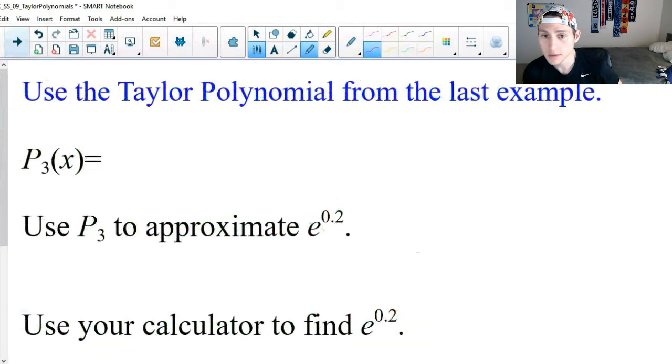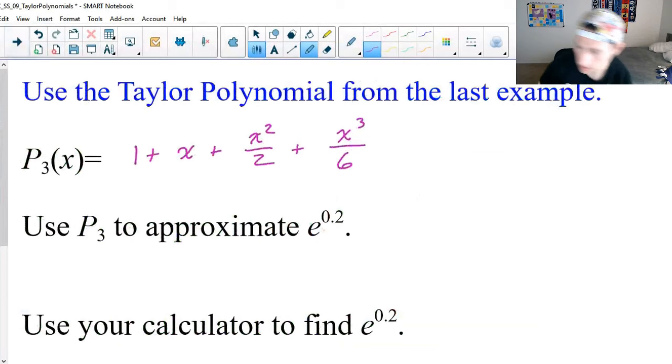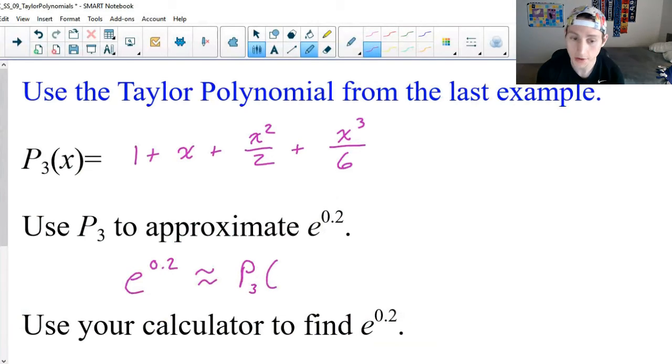Right. So let's use our same Taylor polynomial. I'm just writing this from the last page. That's exactly what we had as our last answer. So now I want to use this to approximate e to the power of 0.2. Well, that would be approximately if I took my third degree Taylor polynomial and plugged in 0.2.